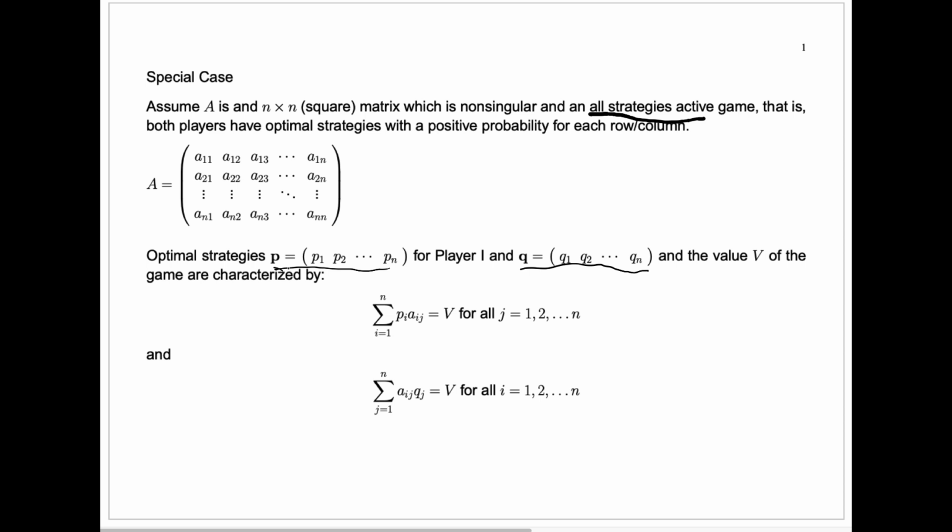So say we have optimal strategies P for player 1 and Q for player 2, and the value of the game V.